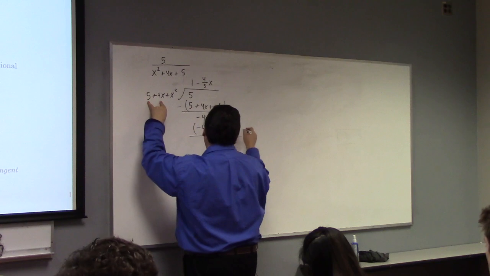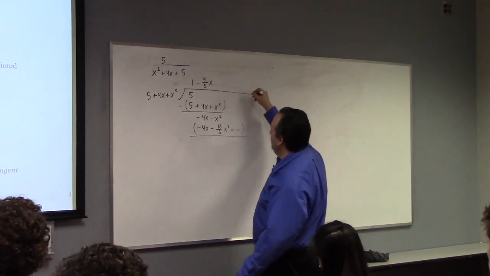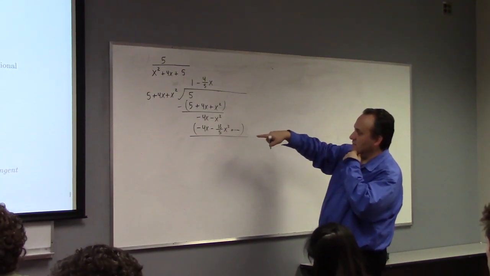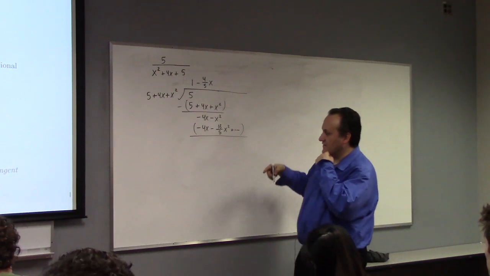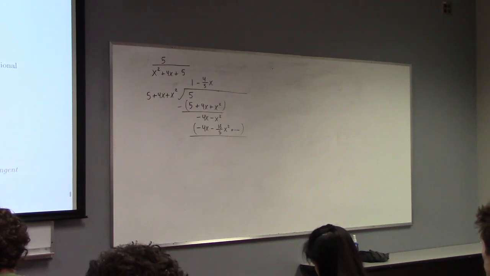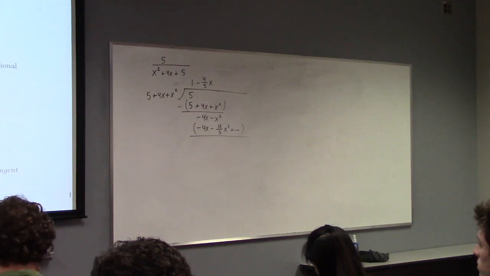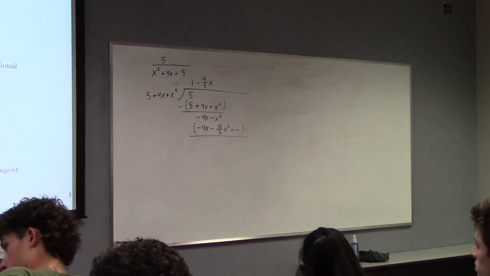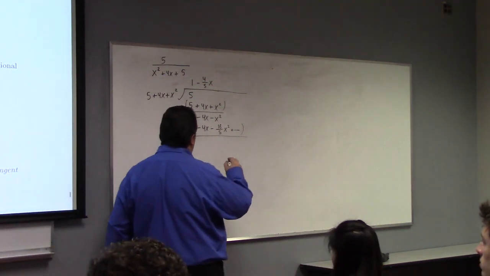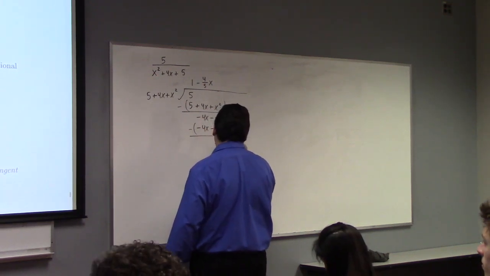So I subtract. The minus 4x's cancel, and I need to figure what is minus 1 plus 16/5. You guys are right, 11/5. So we get 11/5 x squared plus dot dot dot.